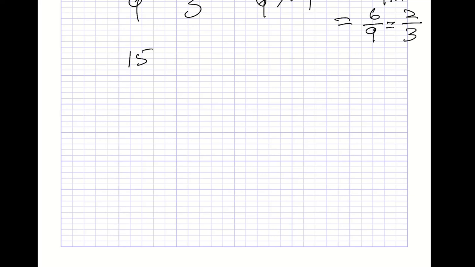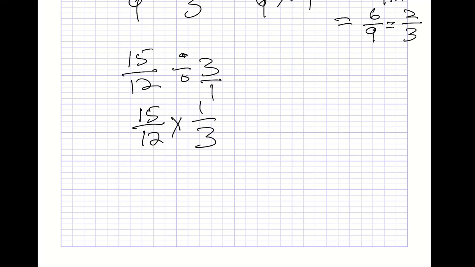Let me give you a mixed fraction. Let's say you have 15 over 12, right? Divided by 3. What do you do there? You just proceed the same way we did it. Because you see, this 3 can be written as 3 over 1. We normally don't write it, but that's what is there. So you leave this one the way it is, 15 over 12 times 1 over 3.